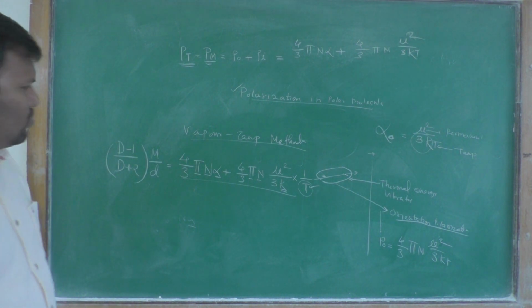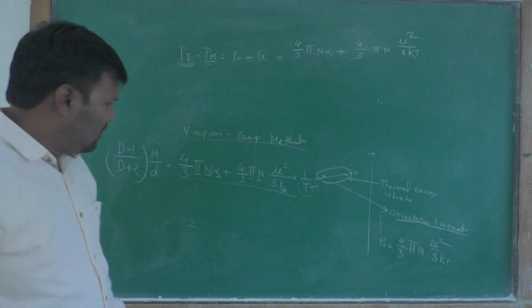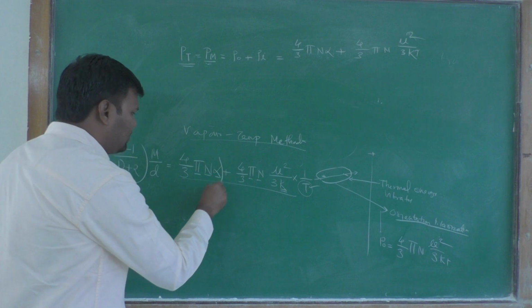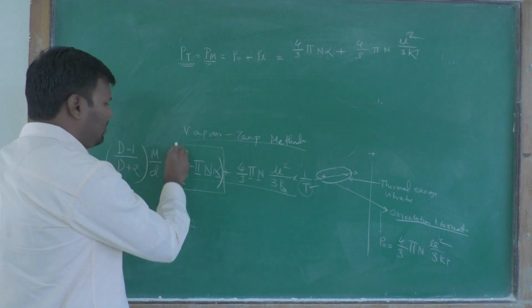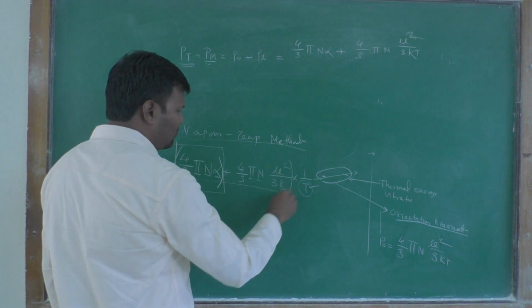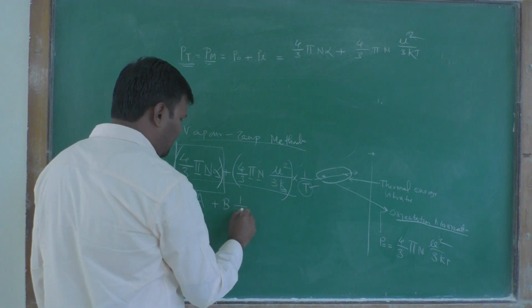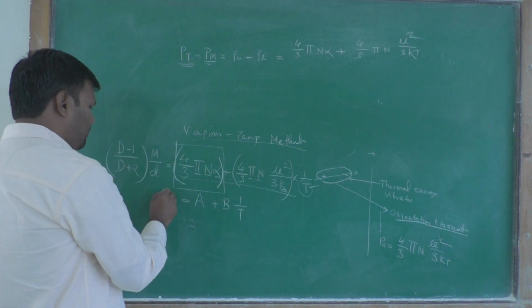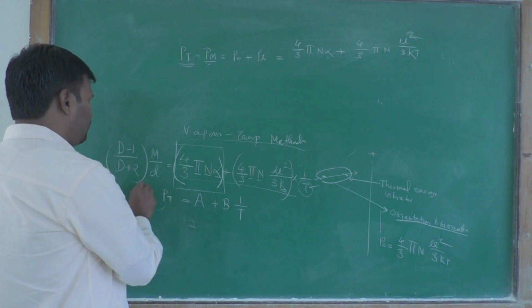Now that quantity is a constant, therefore for this quantity we use A, and for this quantity we use B. 1 upon T is the variable, and this is your total molar polarization.